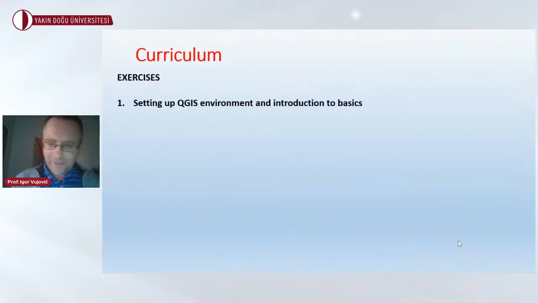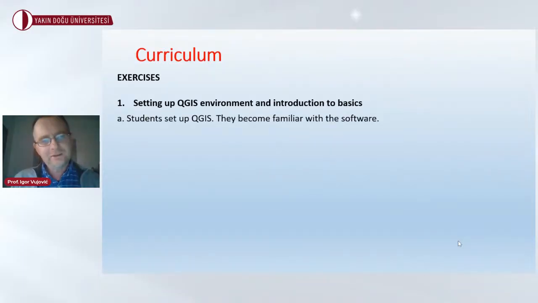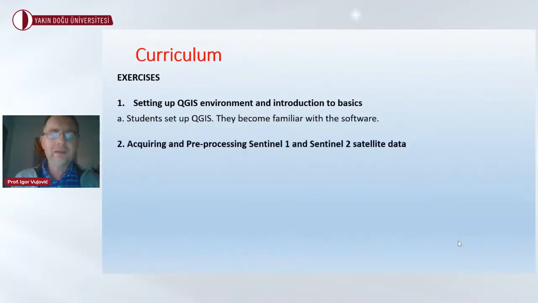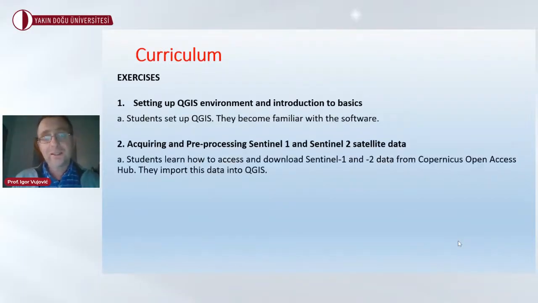The other part, of course, was exercises. This includes setting up GIS, graphical information environment, and an introduction to basics. When students set up the software and become familiar with functions, they learn how to acquire and pre-process Sentinel-1 and Sentinel-2 satellite data.